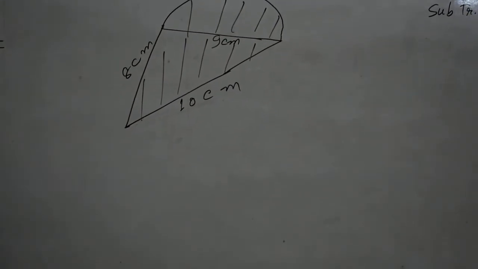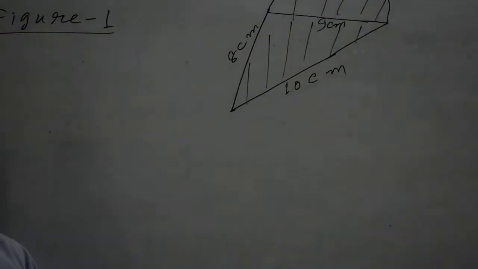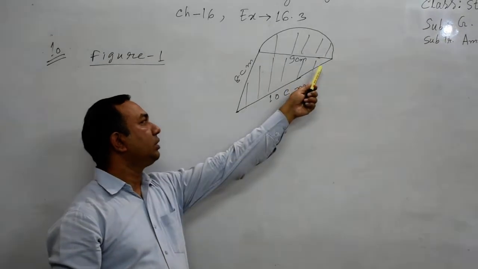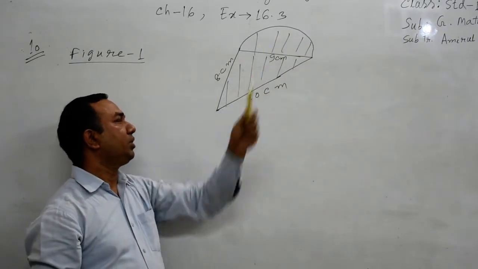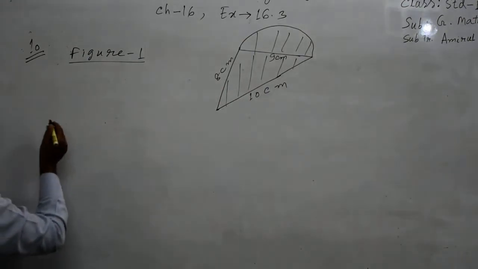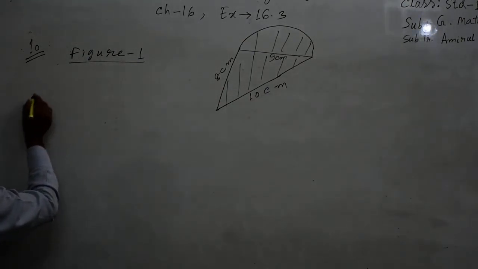But it's simple. This region is divided into two parts. This part is triangular shape and this part is semicircle shape. So I am not naming this figure.